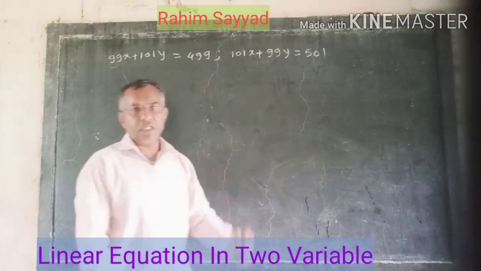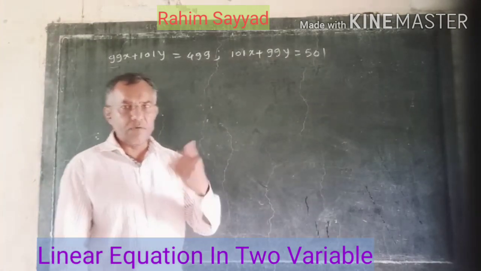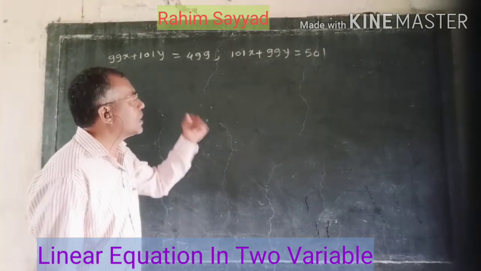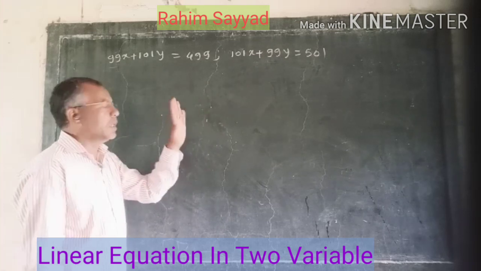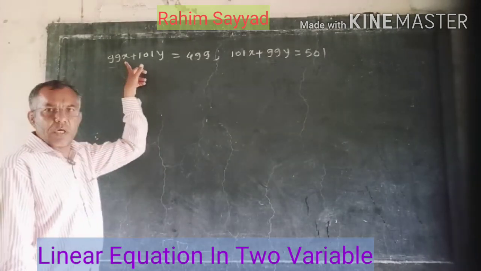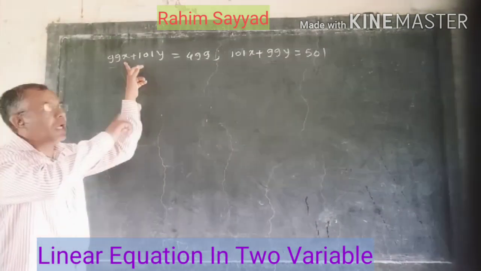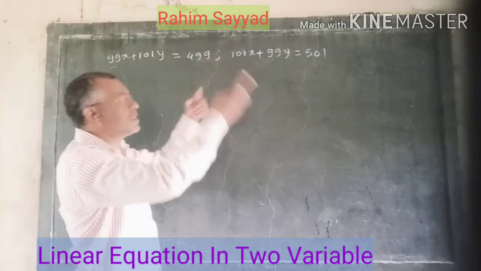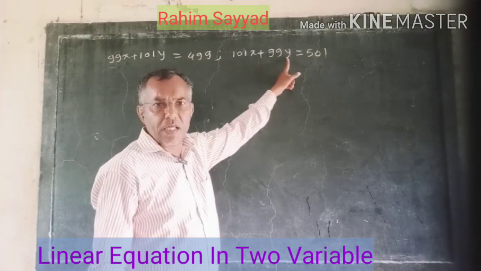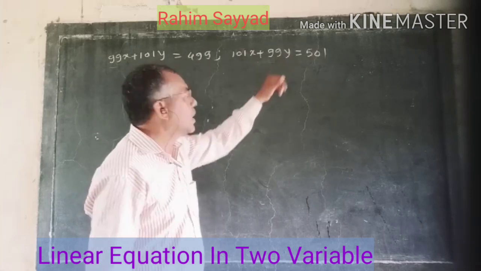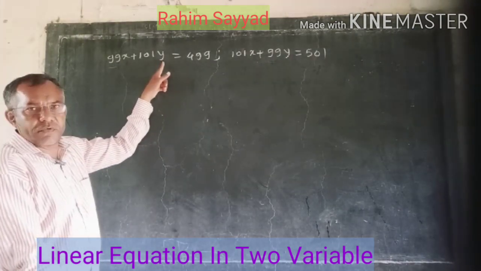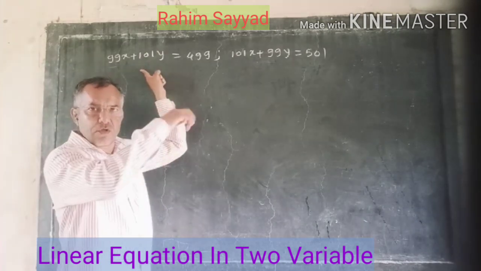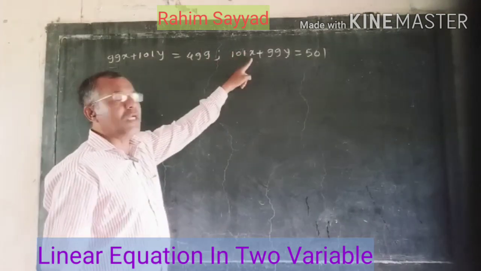By observing these equations, you can find the difference between this example and the previous one. Here, the coefficient of x is 99, and this coefficient of y is also 99. Here the coefficient of y is 101, and this coefficient of x is 101.